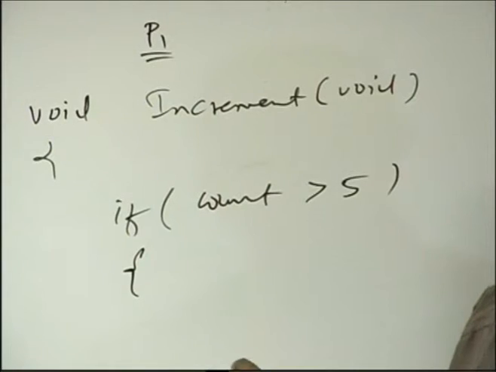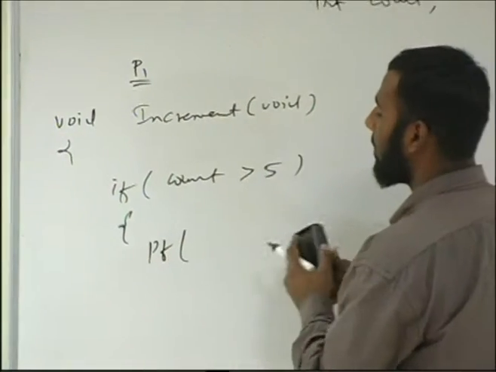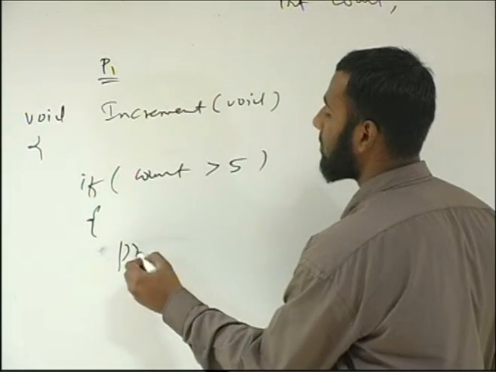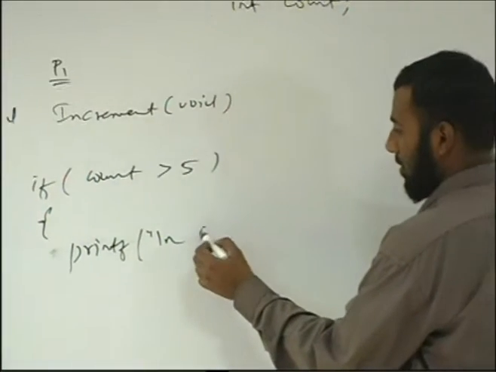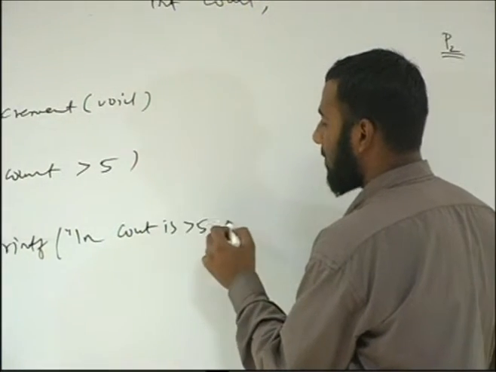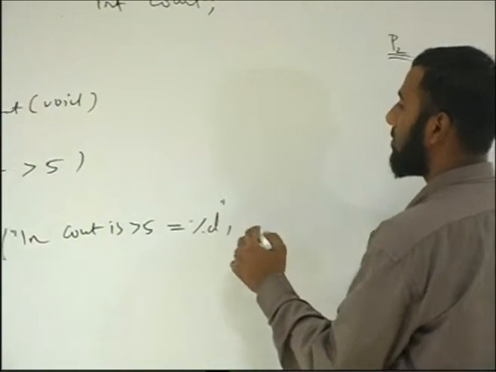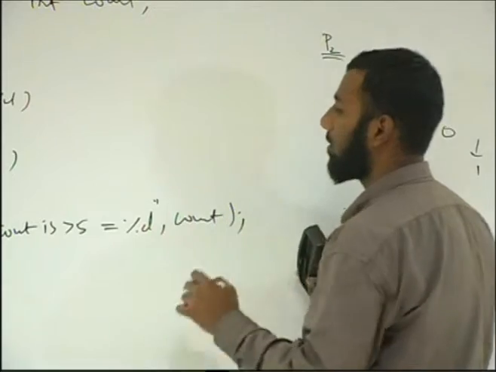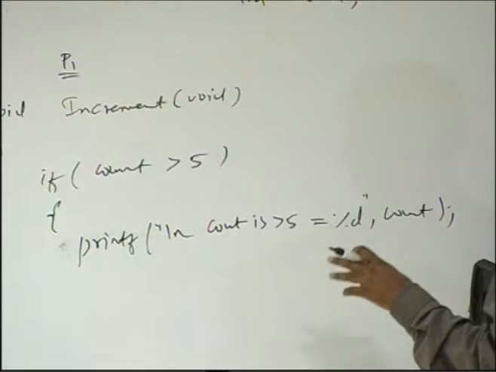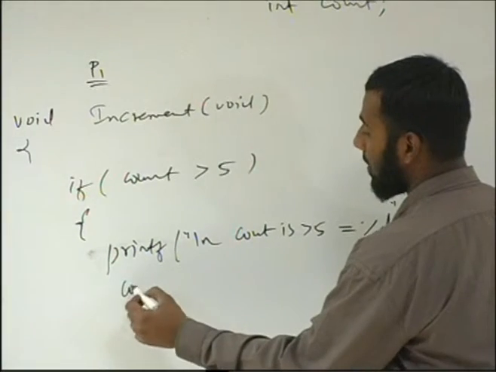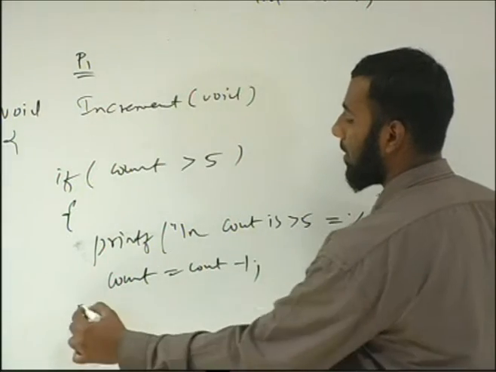What it does is print, for example, printf, count is greater than 5, which is equivalent to %d count. It prints that the value of count is greater than 5, and it decrements the value of count: count is equal to count minus 1.